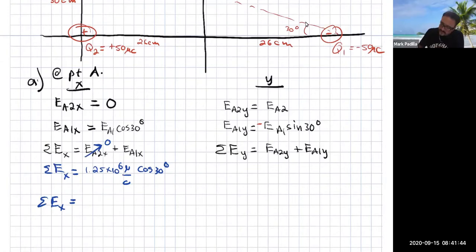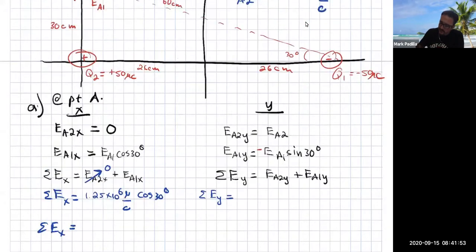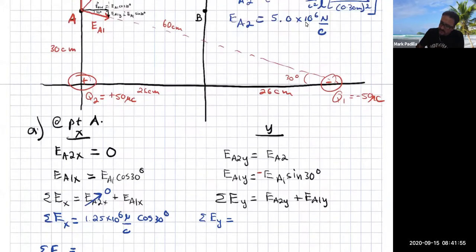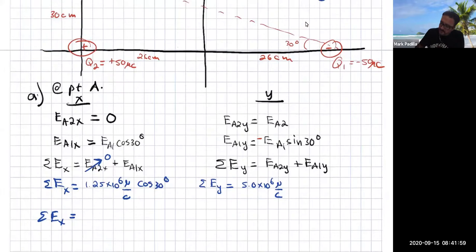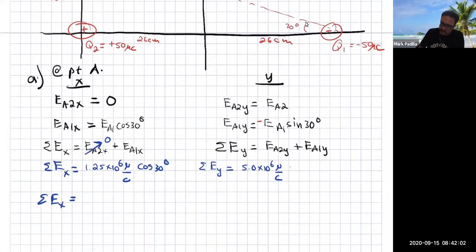And then somebody give me a number for Y. EA2 is just EA2, right? 5.0 times 10 to the 6 newtons per coulomb plus EA1, which would be 1.25 times 10 to the 6 negative.